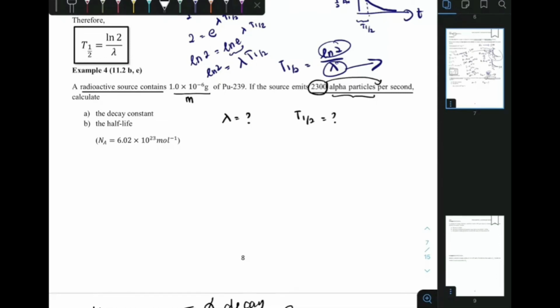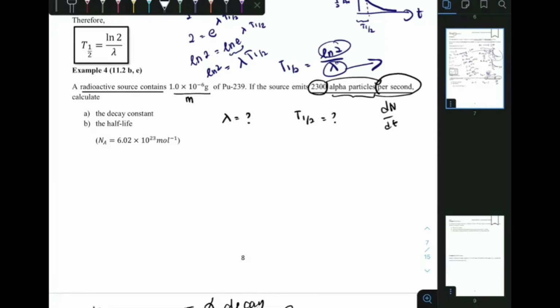Kamu kena tengok unit dia. Dia kata per second. Dia release this much alpha particles per second. So ini boleh jadi activity kamu ataupun dN over dt kamu dekat sini.